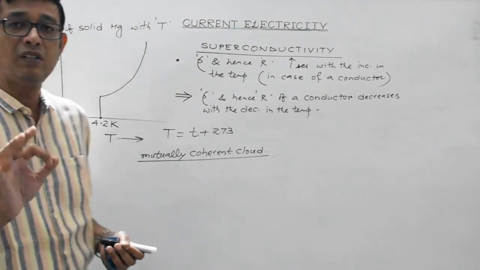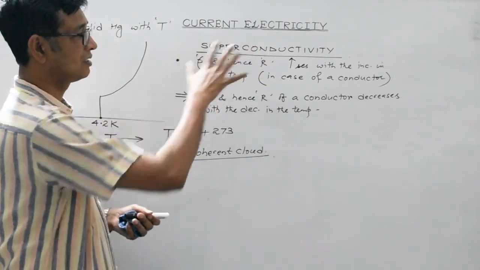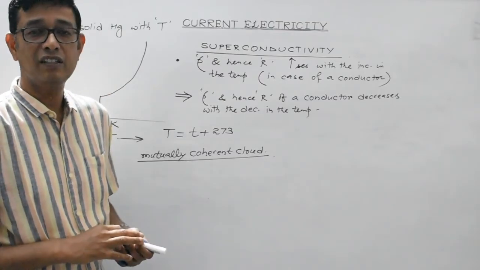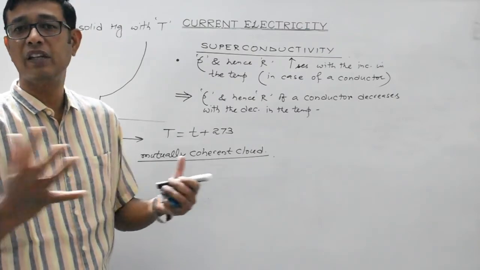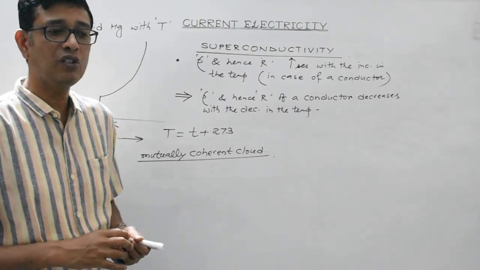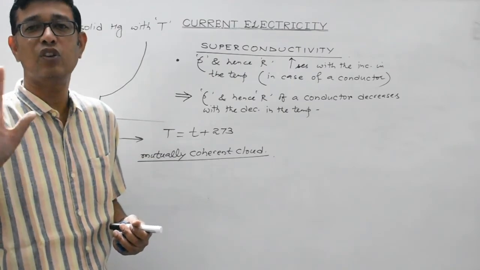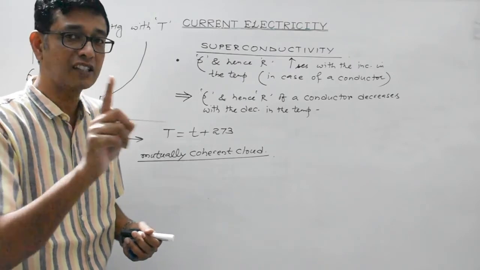If we are able to actually realize this phenomenon at much higher temperature, then it can bring a revolution. It indeed will bring a revolution. In such a scenario, there won't be any energy loss during the electrical energy transmission by using superconducting cables.